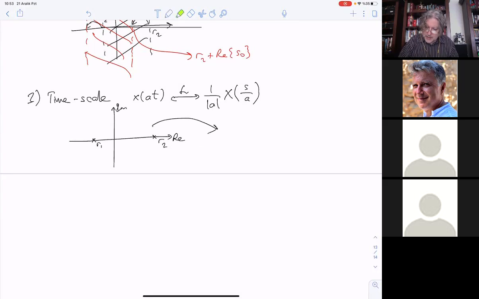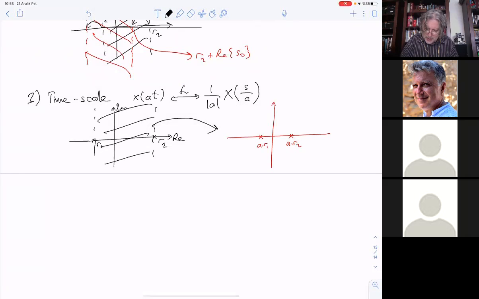From here we will have a new set of poles, one at a times r1, and the other at a times r2. So if the previous region of convergence was between r1 and r2 like this one, after the time scaling, the new region of convergence will be between a times r1 and a times r2.